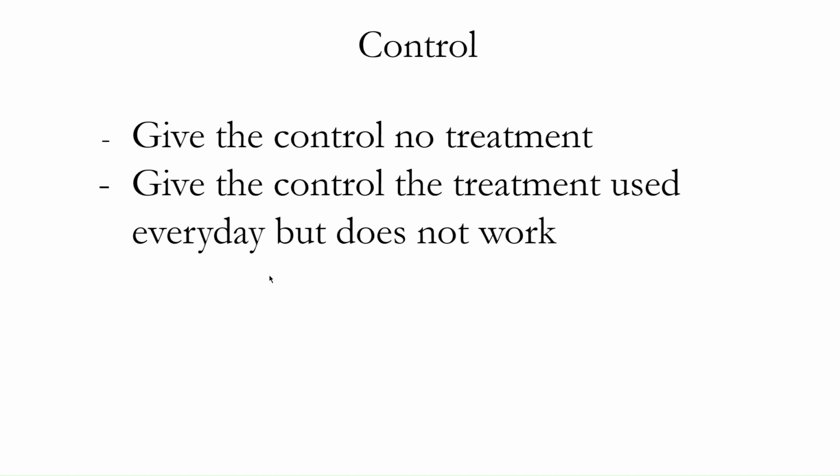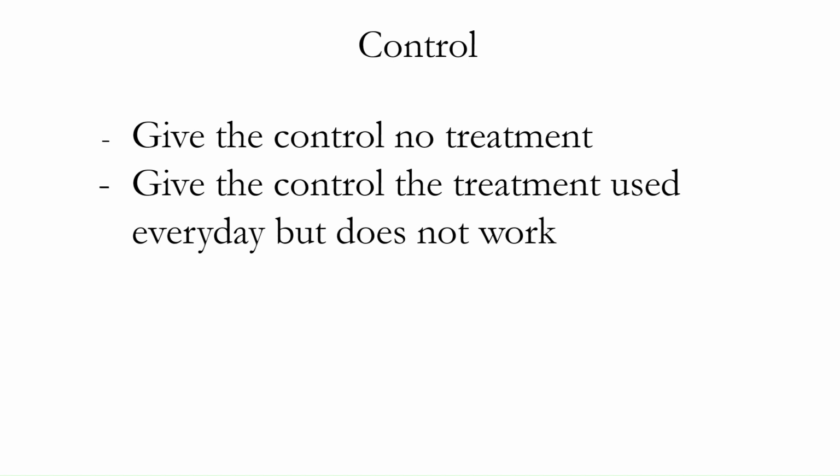Now let's talk about three different types of controls. Sometimes the controls get no treatment at all, like what we talked about earlier. But sometimes they might also get a treatment they use every day but doesn't work. Of course, that basically is similar to no treatment at all.